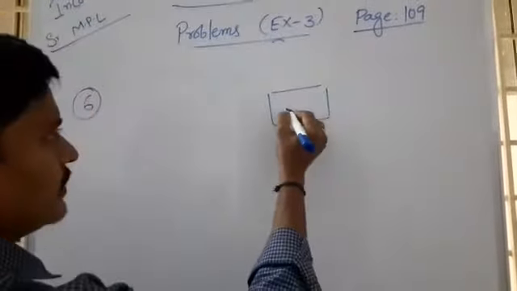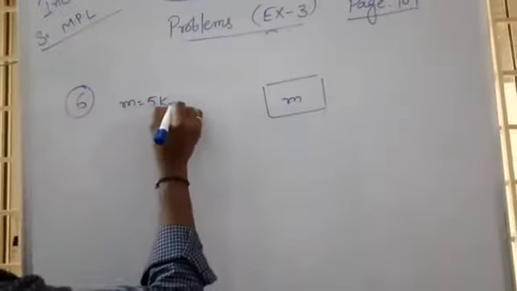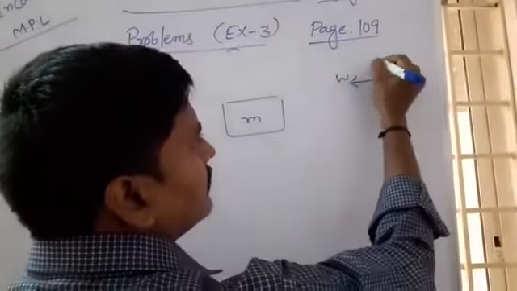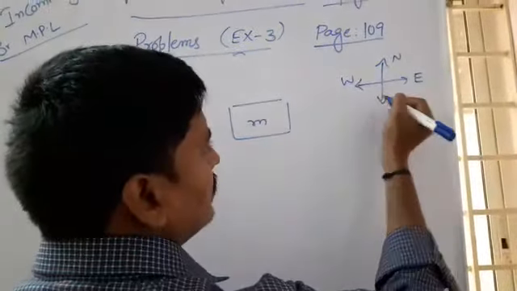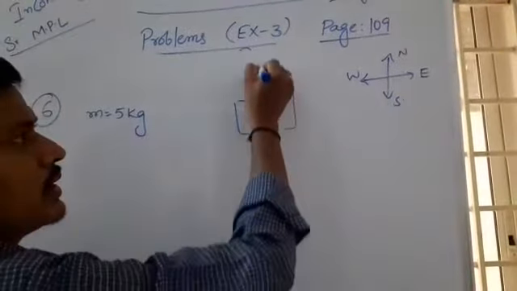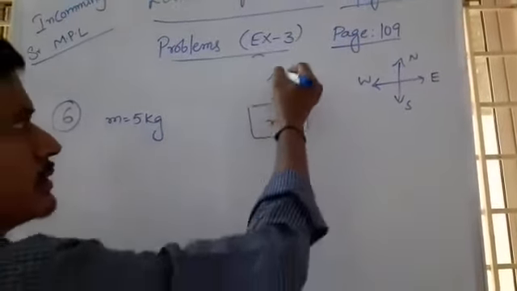That is at rest. Mass is equal to 5 kg, right? So three forces, one is northward; this is east, west, north, south. Three forces are acting. First one is north.